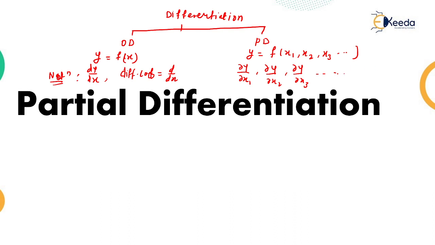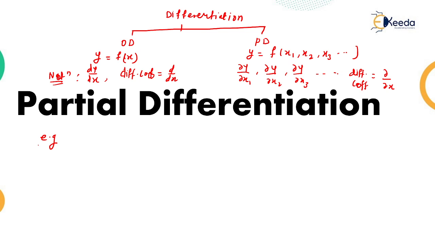So here the differential coefficient is dabba by dabba x, or we call it del by del x.